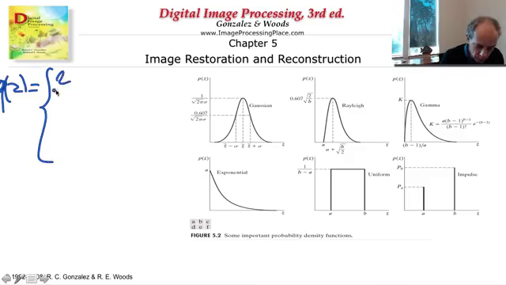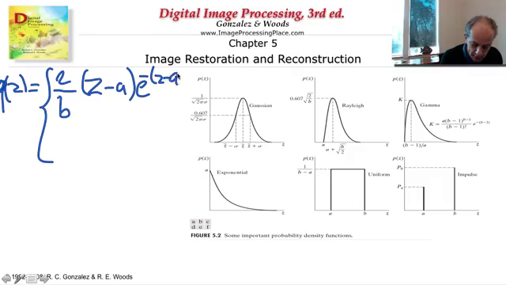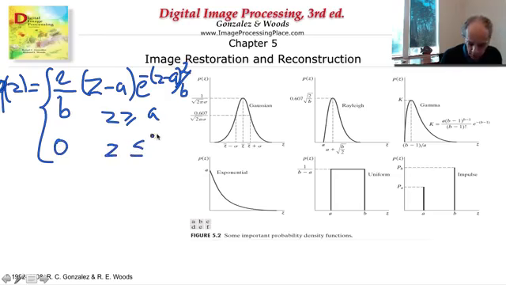One is 2 over b, there are a few parameters as we see here: 2 over b, z minus a, e to the minus z minus a squared, as we had for the Gaussian, over b. That's the value the function assumes if z is greater or equal than a, and it's 0 if z is less than a.